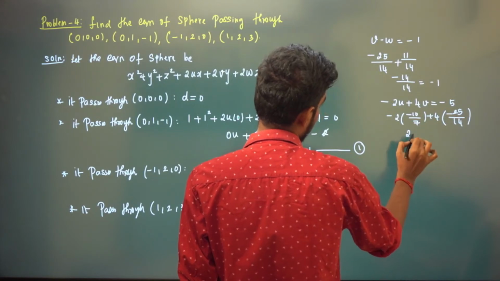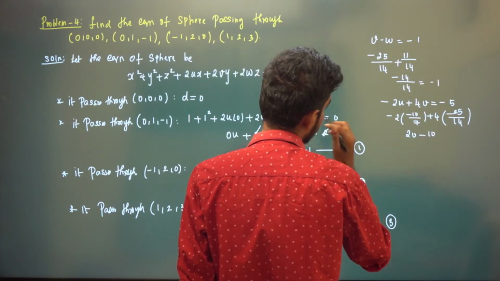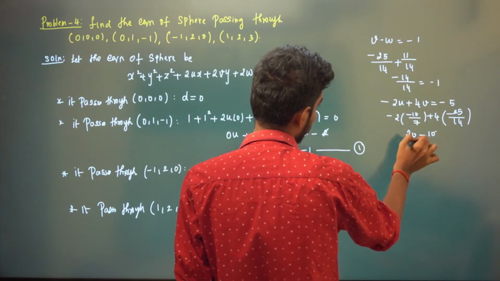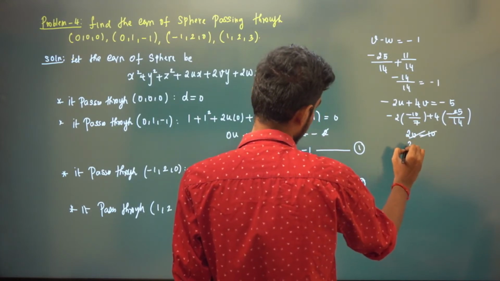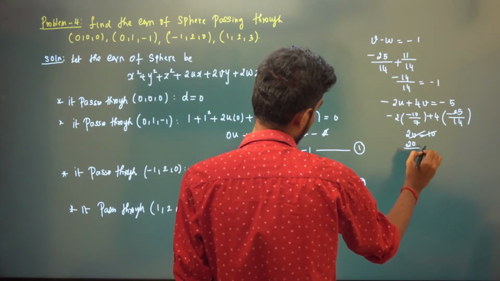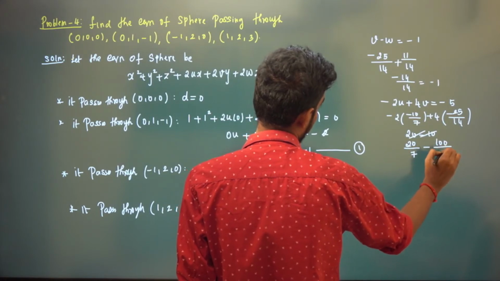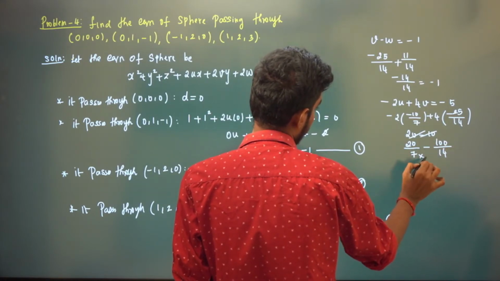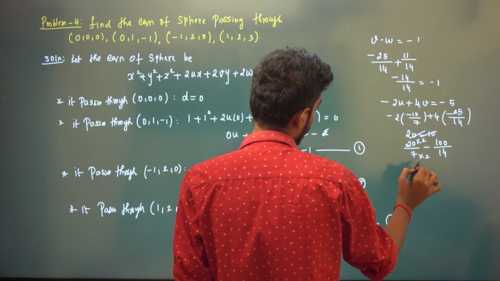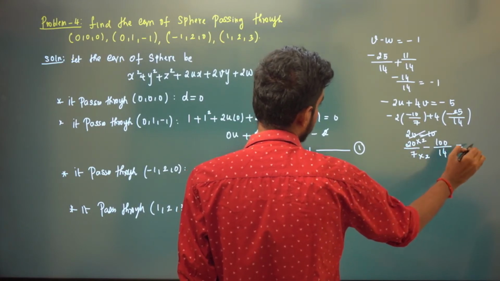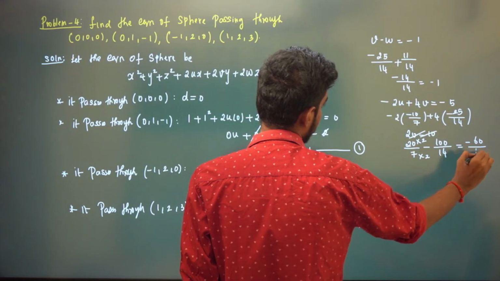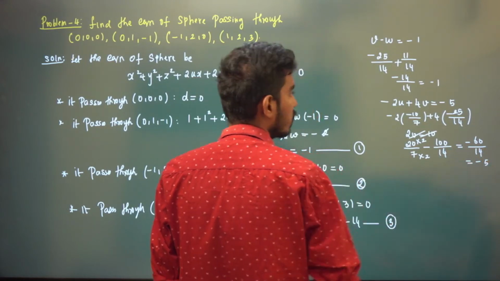So this is 20 by 7 minus 100 by 14. So into 2 into 2. So you will have 40 minus 100. So it is minus 60 by 14. Yes, minus 5. It's correct only.